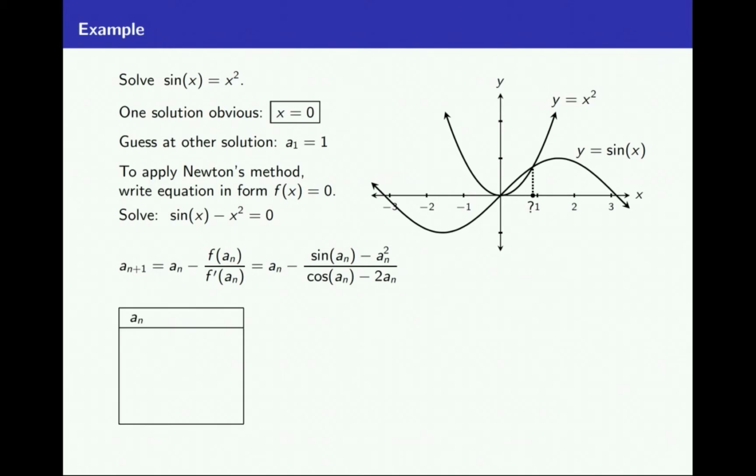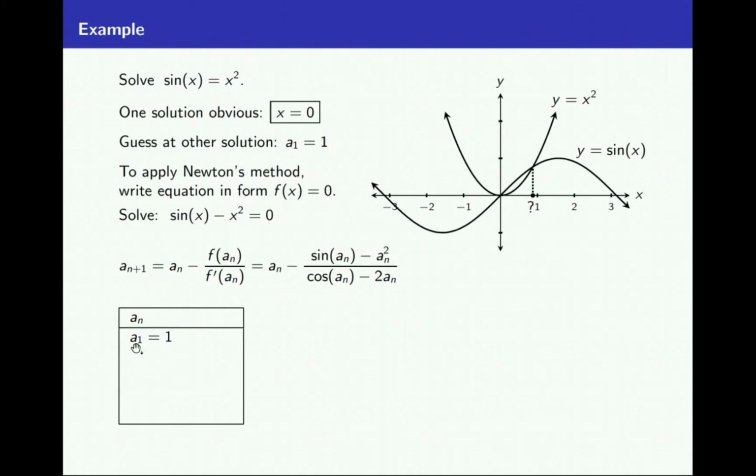As we did in the previous problem, let's organize our work with a table for the a sub n values. We started off with our initial guess, a sub 1 equals 1. And as you can see, that's wrong, but only slightly so.